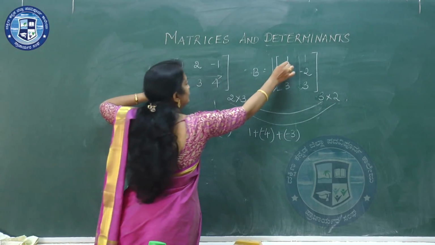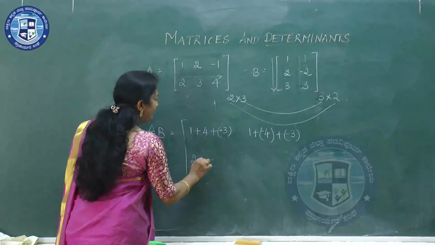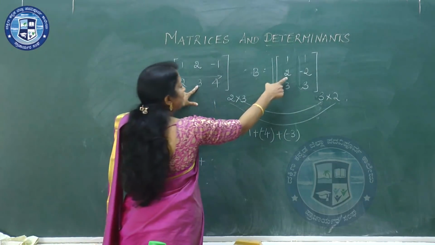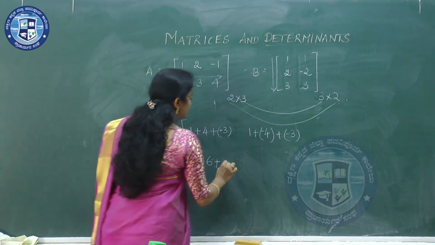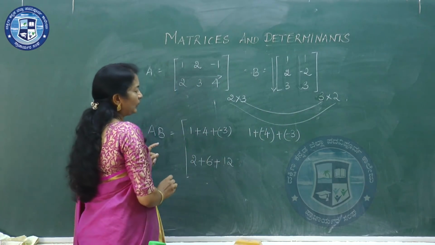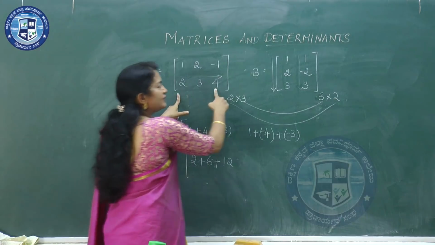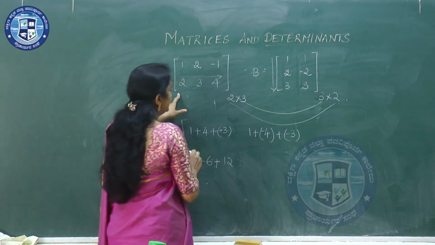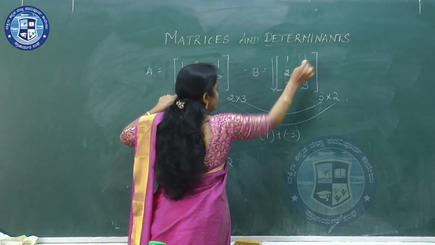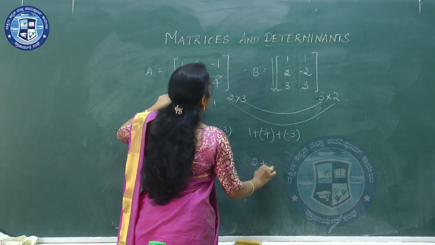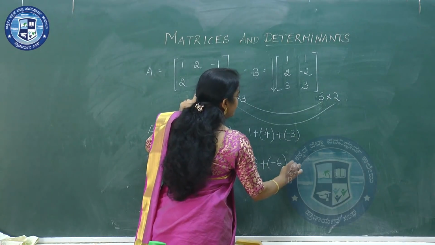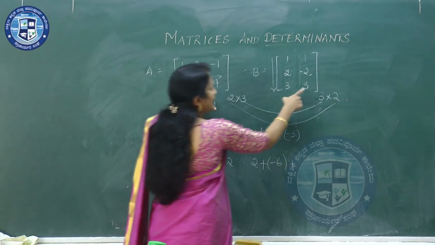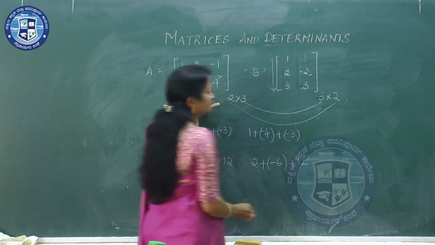So 2 into 1 is 2, plus 3 into 2, 6, plus 4 into 3, 12. Second row, second column now we will be taking. So that is 2 into 1, 2, plus 3 into minus 2, minus 6, plus 4 into 3, 12.